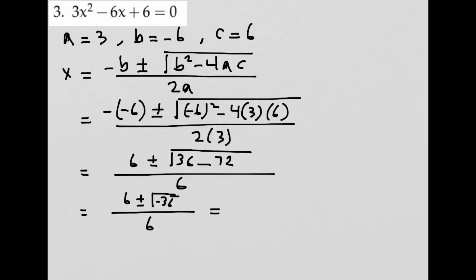That's equal to 6 plus or minus the square root of 36, which I can write as 6 squared, and minus 1, which I can write as i squared, all divided by 6.